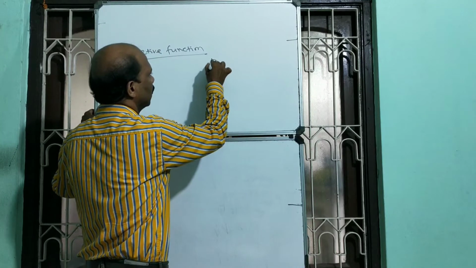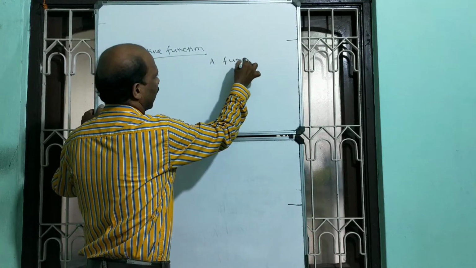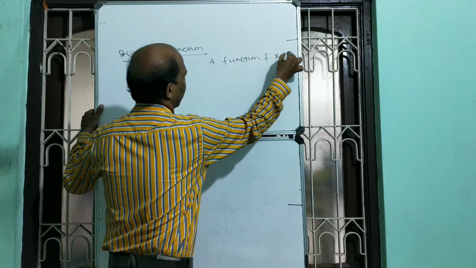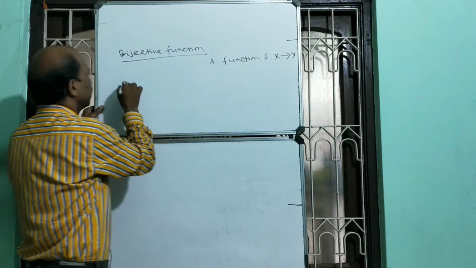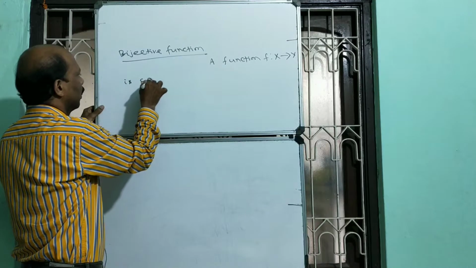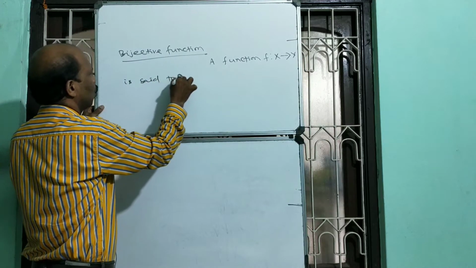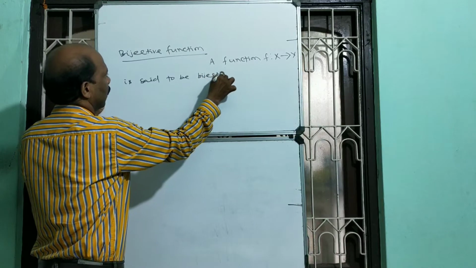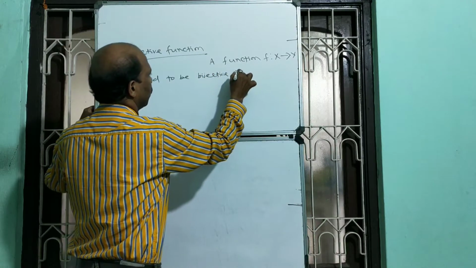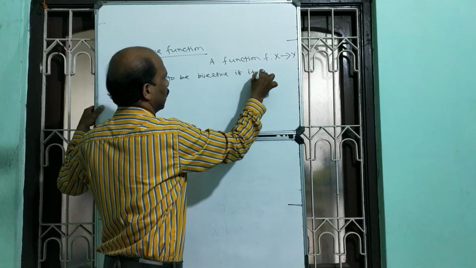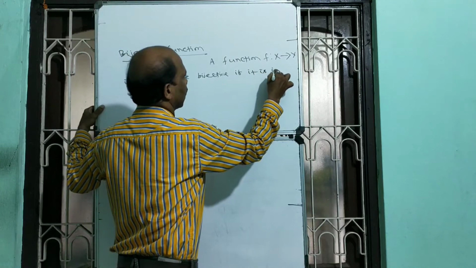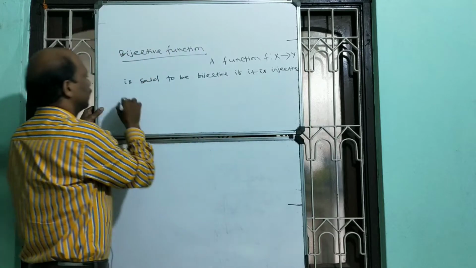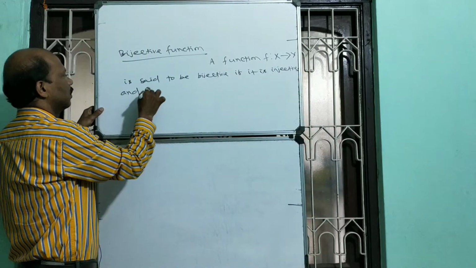A function f maps from X to Y is said to be bijective if it is injective and surjective.